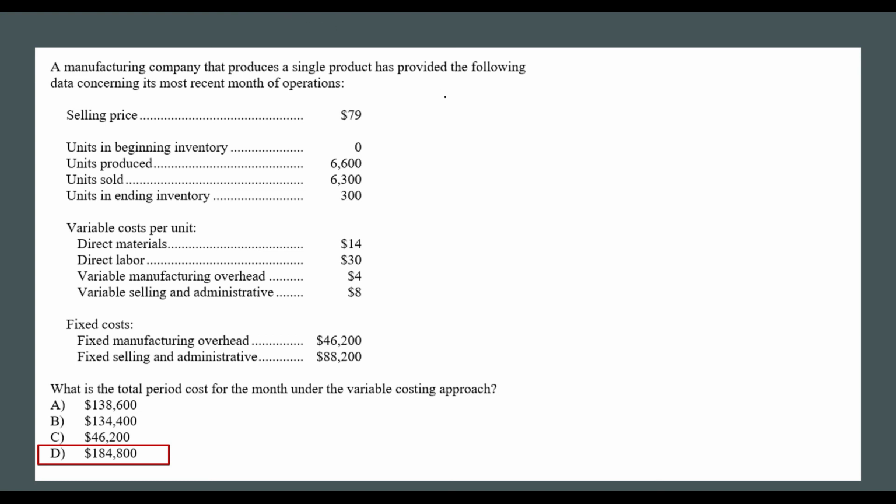So, the solution here is that we need to add your variable selling and administrative expenses. So how do we compute for that? It is your variable cost per unit relating to selling and administrative expense of $8 multiplied by the units sold of 6,300, right? And then that should give us a value of $50,400.